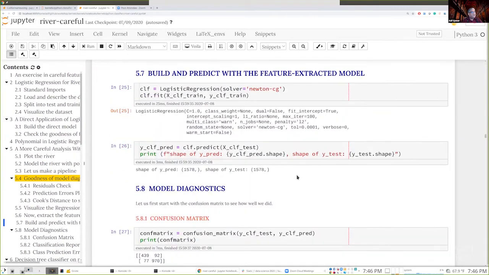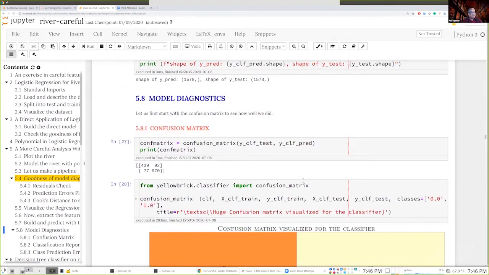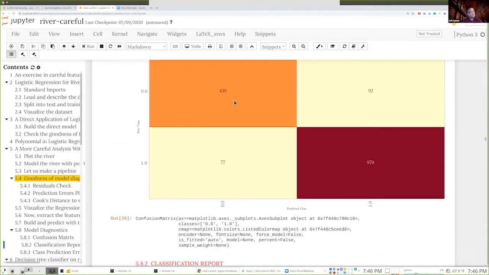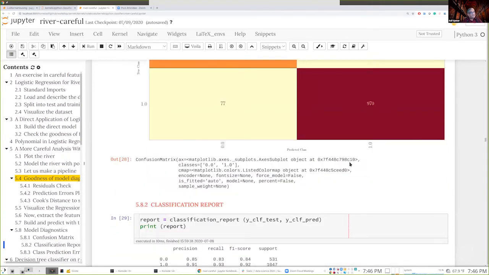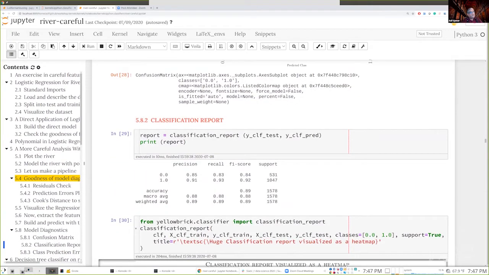And when we did that, we got a confusion matrix that was pretty good. This is a good matrix, as you can see, off-diagonals are rather small. And the classification report said we have an F1 score of 84 and 92%.